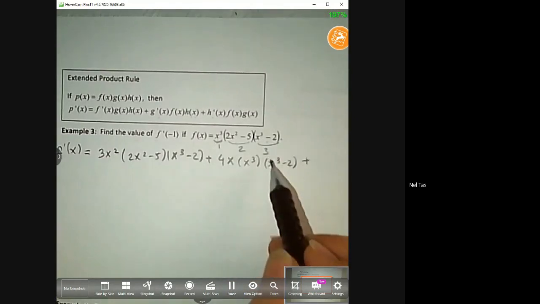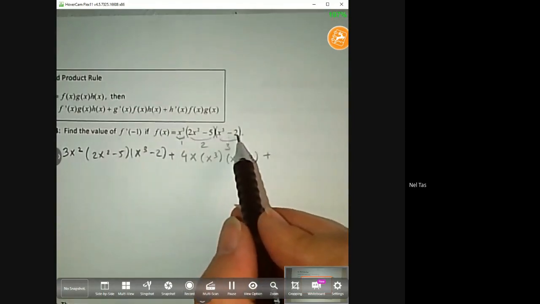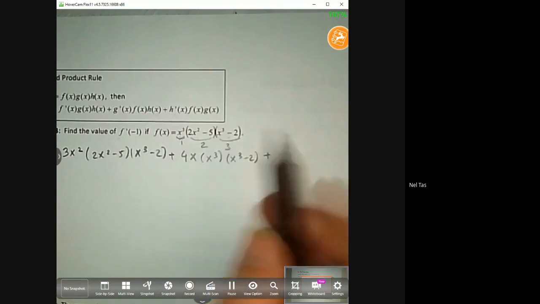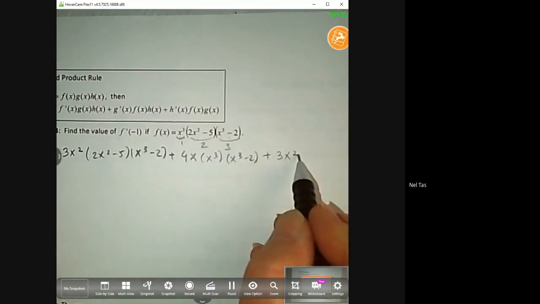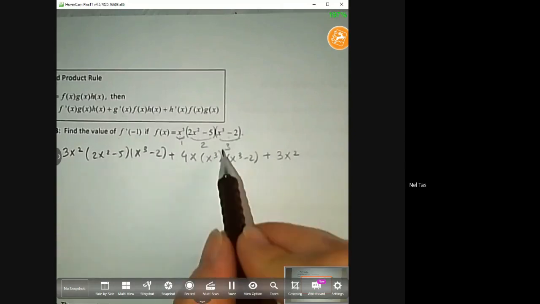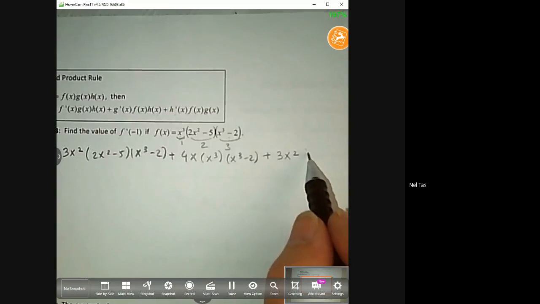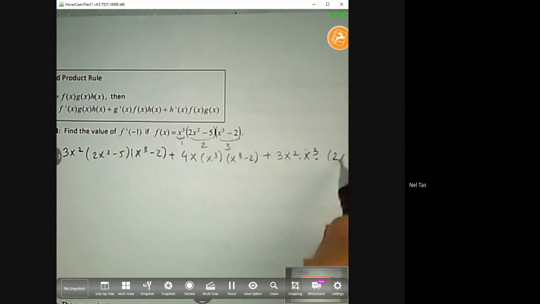Plus the derivative of the third function, x cubed minus 2. The derivative of x cubed is 3x squared. Derivative of -2 is 0. Now multiply this by the first and second functions: x cubed times 2x squared minus 5.